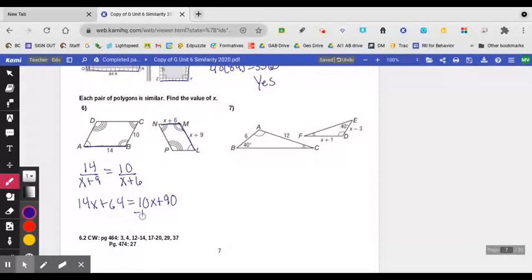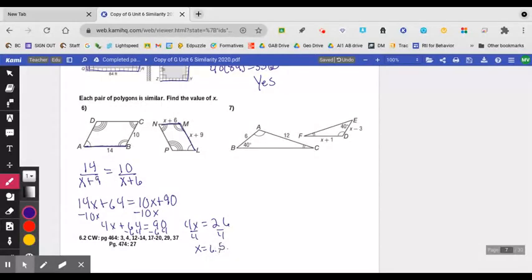I'm going to subtract 10X from both sides. Get 4X plus 64 equals 90. Subtract 64 from both sides. 4X equals 26. Divide by 4. And X equals 6.5.